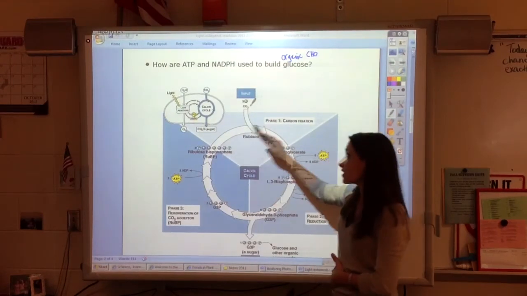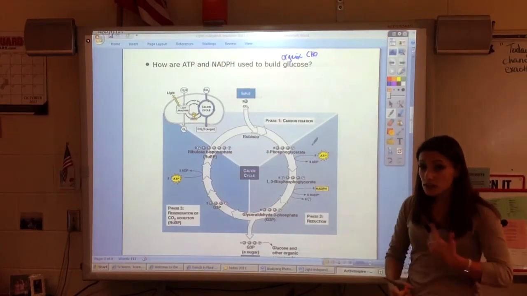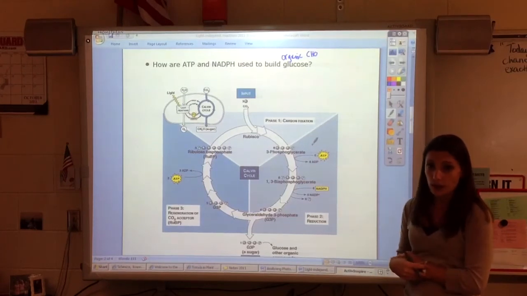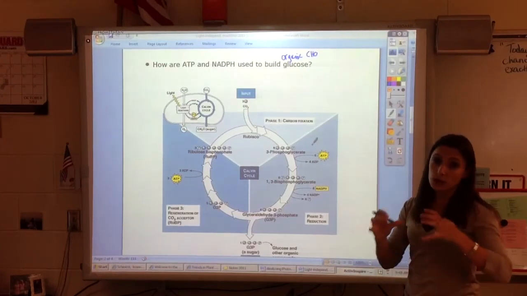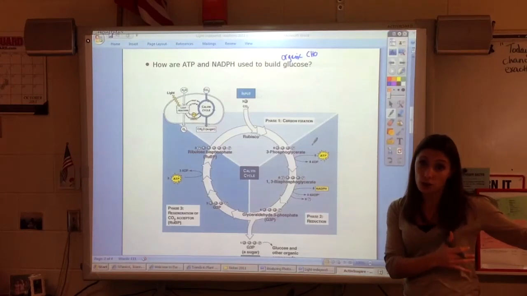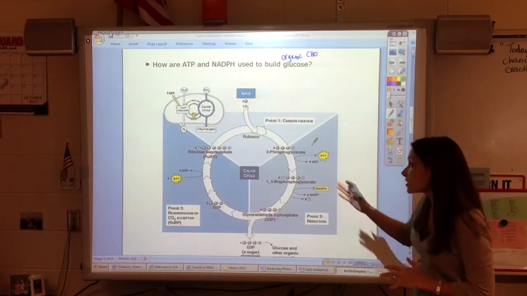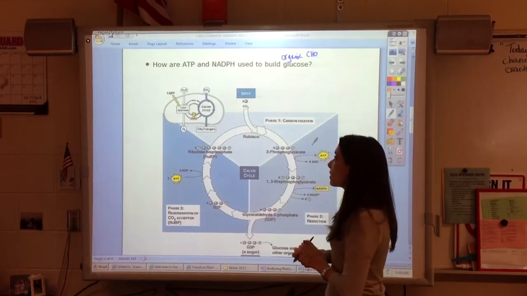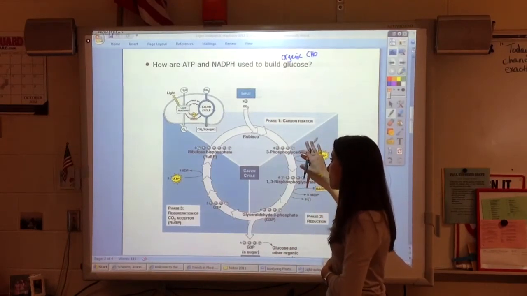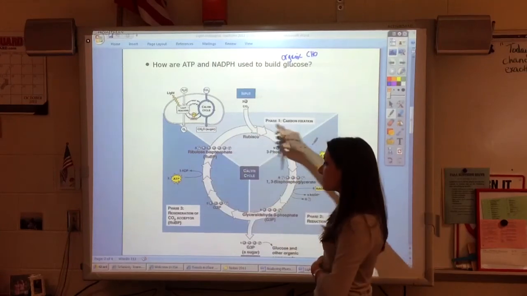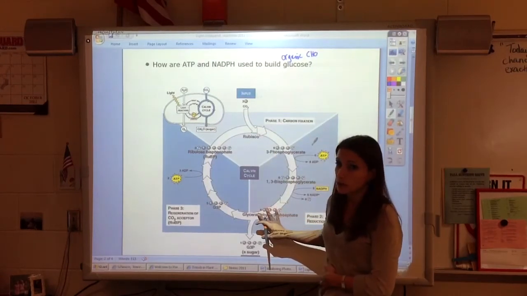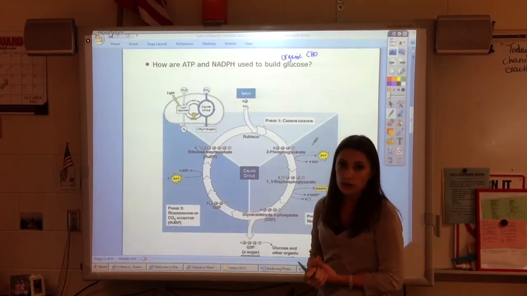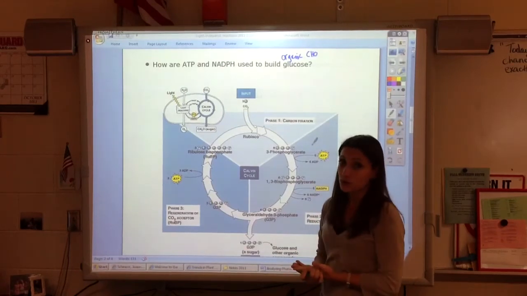If you just glance at the cycle here, it does look very similar to the Krebs cycle, except instead of slowly pulling electrons and carbons off, we're actually slowly adding electrons and carbons. The Calvin cycle here is very summarized, so there are a lot of steps that aren't being shown because all that you're expected to know is the general overview of what's happening.